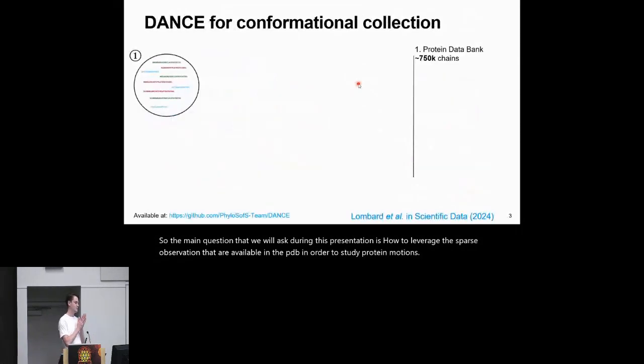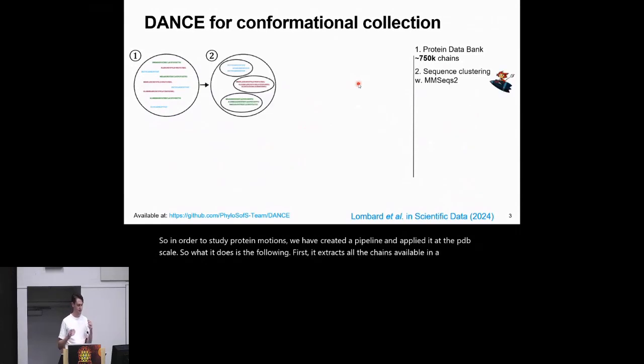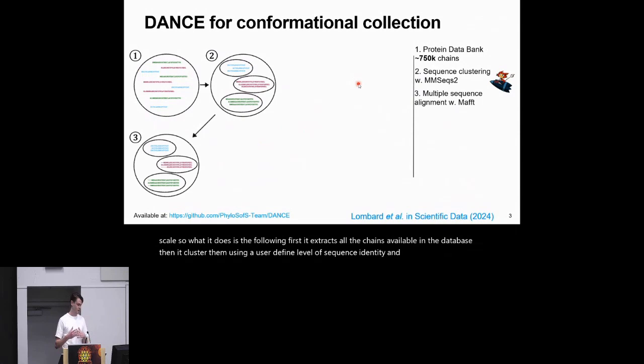So in order to study protein motions, we have created a pipeline and applied it at the PDB scale. So what it does is the following. First, it extracts all the chains available in a database. Then it clusters them using a user-defined level of sequence identity and coverage. Then it calls a multiple sequence alignment software on all the previously created clusters.